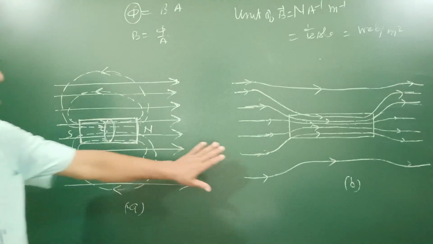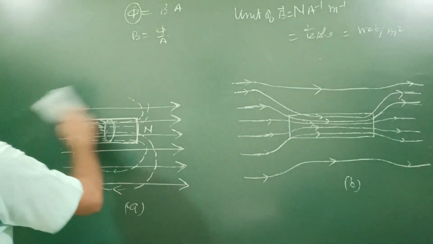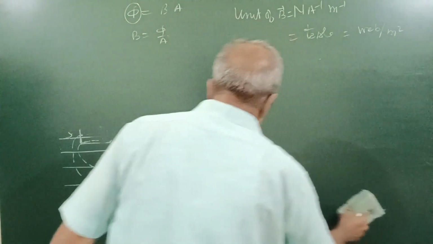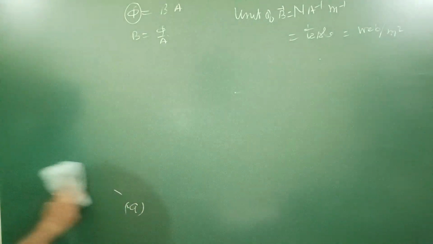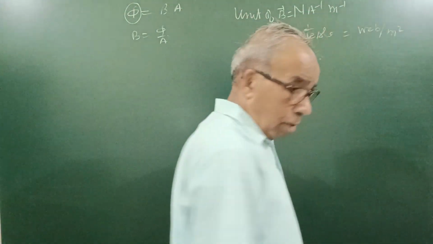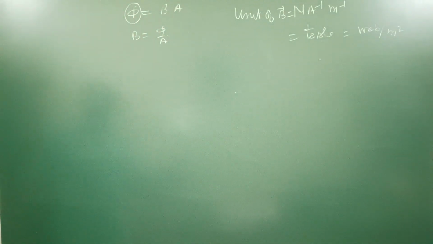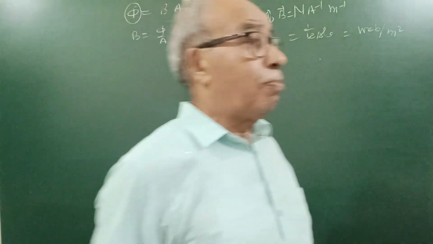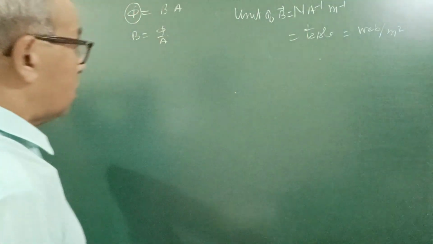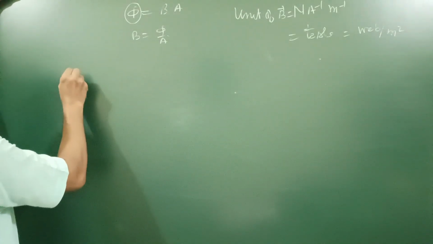So this was about magnetic induction B. Now there is another term. If you want to read this, there is a physics book, Newton Physics, published by Nagin Prakashan Meerut. There is a good collection of problems asked in every competitive exam, in NEET or engineering tests.